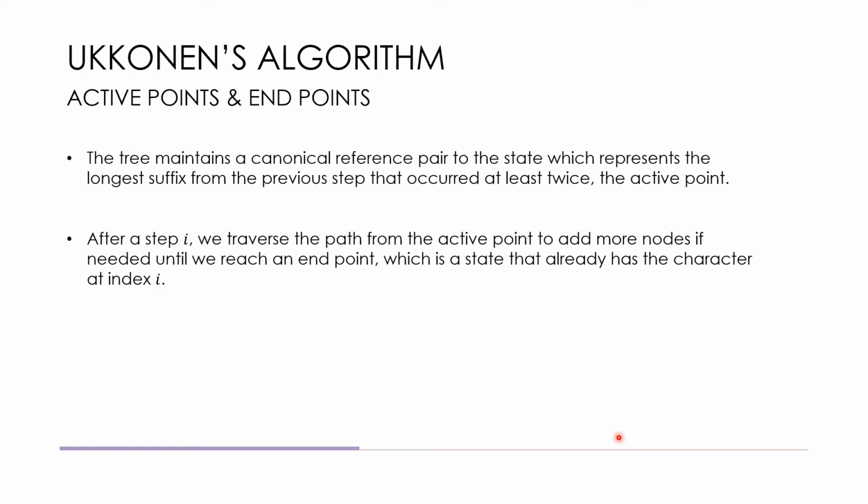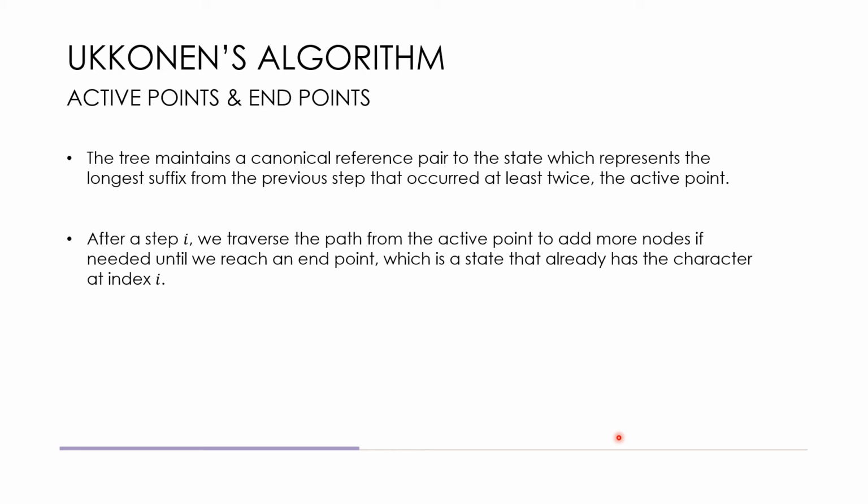And now, there's one more important thing to consider, which is the active point and endpoint, and these are key to understanding what step we are at throughout the algorithm. The tree maintains a canonical reference pair to the state or node, where state and node refer to the same thing, which represents the longest suffix from the previous step that occurred at least twice, and this is called the active point.